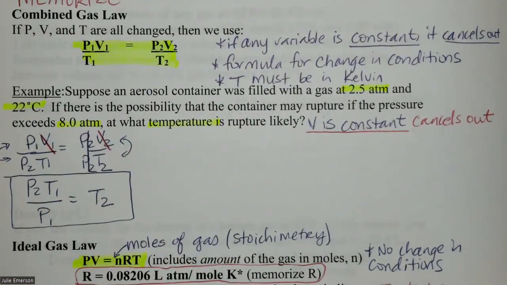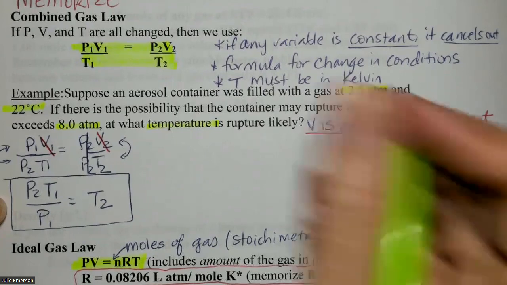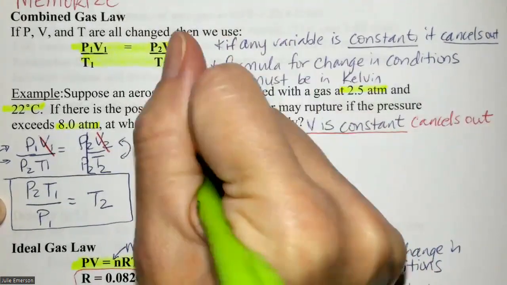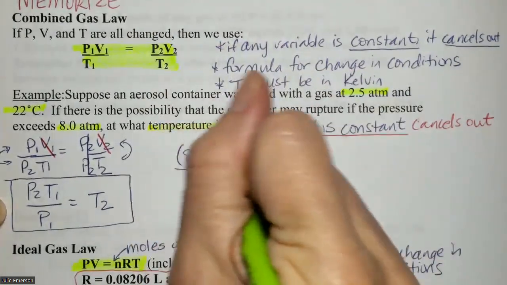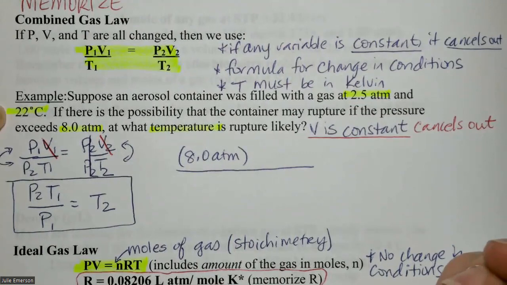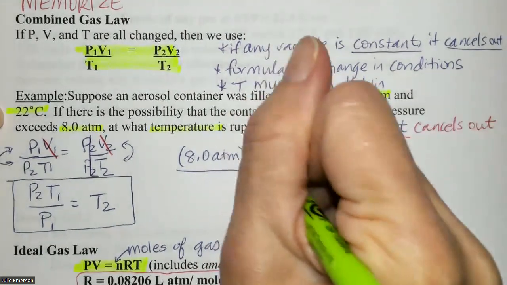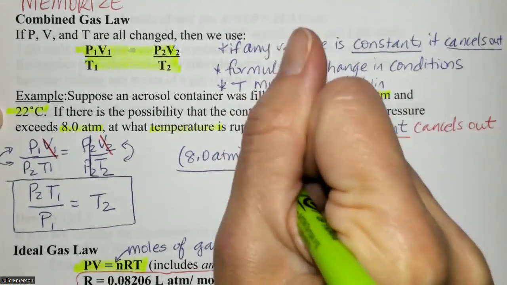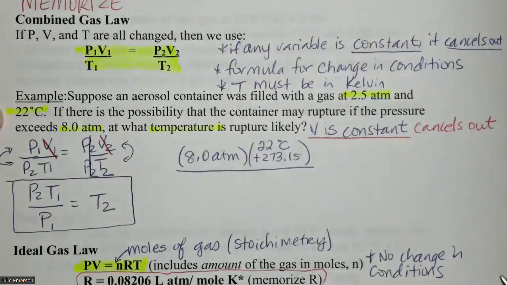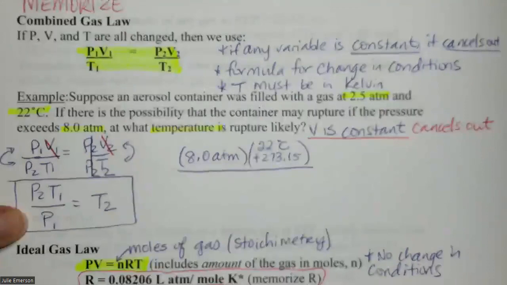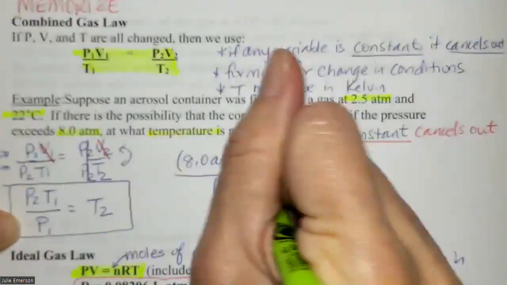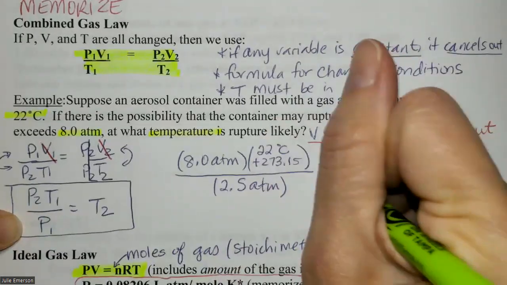All right, so now I can plug in. P2 was 8.0 atmospheres. That was the pressure we were going to. The T1, we started out at 22 degrees Celsius, but remember, we've got to take 22 and add 273.15 to make sure we're in Kelvin. And then the P1 in the denominator would be that original pressure of 2.5 atmospheres.